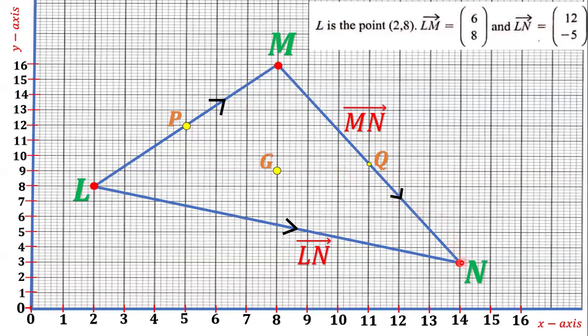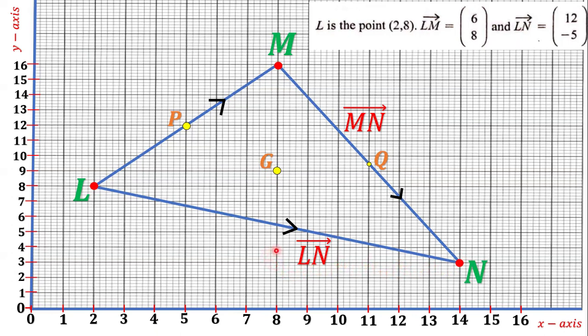So NG means that we're going to go from N to G. Let's show that. NG is going to be 1, 2, 3, 4, 5, 6. So that's going to be 6, but -6 because we're going to the left.